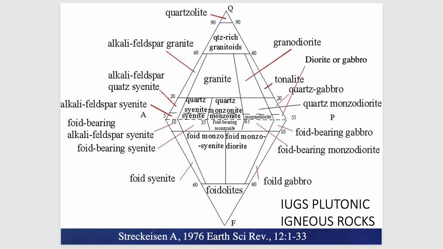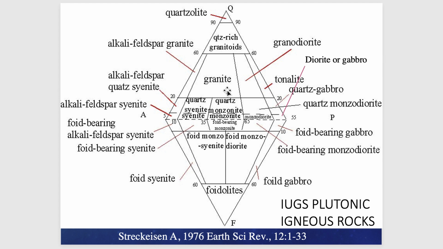These triangles can be subdivided into different sectors, and this will represent ranges of modal proportions. These are percentages of a particular mineral contained in the rock.